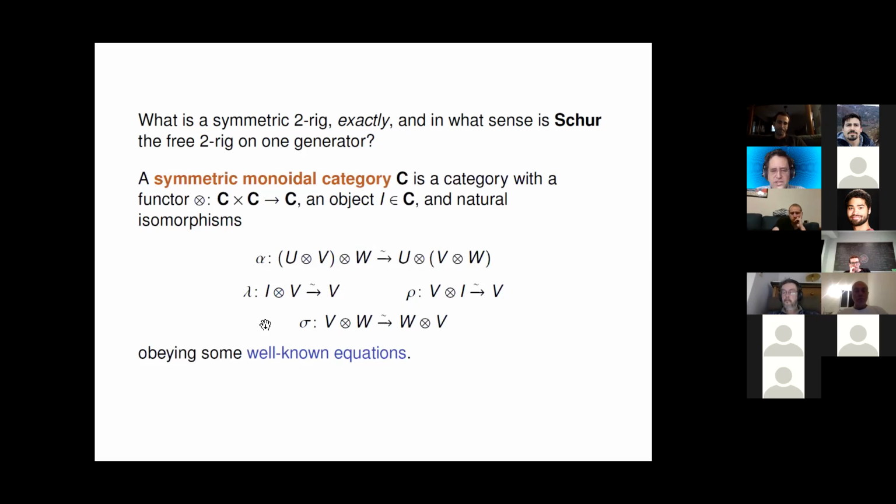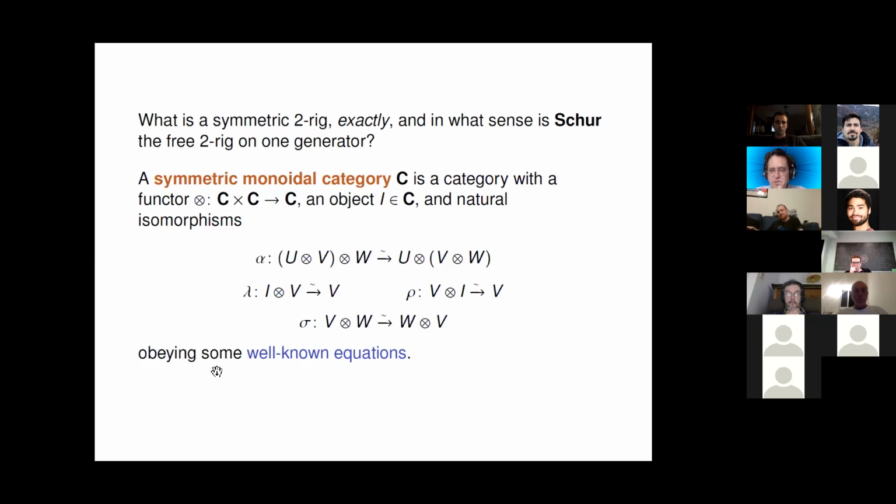There are some equations that these isomorphisms need to obey, which you will learn if you learn about monoidal categories. There's a thing called the pentagon identity and so on. You'll notice that this text here is in blue, so that if you ever get hold of these slides, you can click on it and get whisked away to see these equations. But I don't think I want to show you these equations now because we're not really going to prove much, so we don't need to get into them.